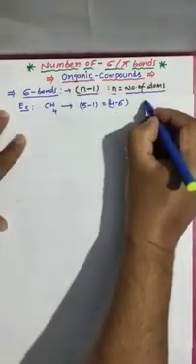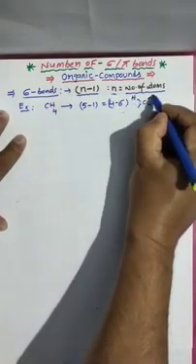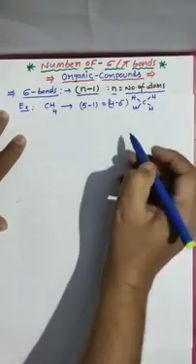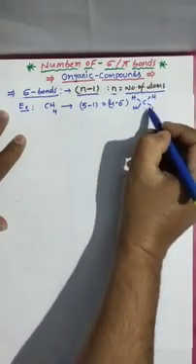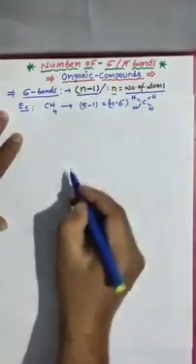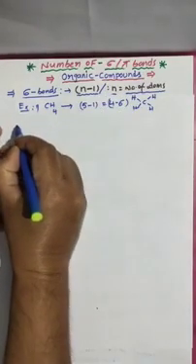I will cross check this. 1 carbon is bonded tetrahedrally with 4 hydrogens. So how many sigma bonds are there here? 1, 2, 3, 4. So our formula is correct. This is the trick. One more I am explaining to you.